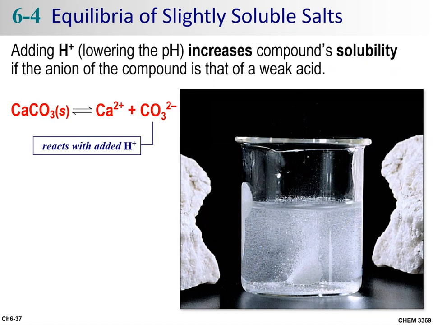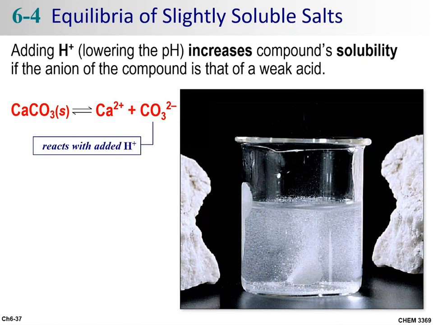Now, to finish this discussion about the equilibria of slightly soluble salts, we just have to take a look at two more things that are actually important because they can affect the position of the equilibrium, which means that they can affect the solubility of this slightly soluble salt.